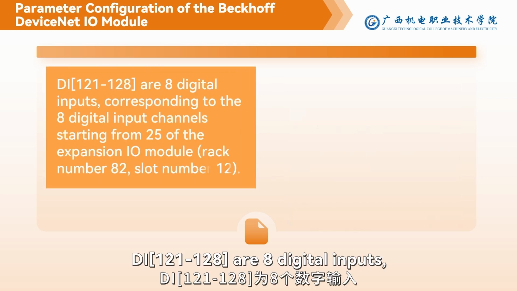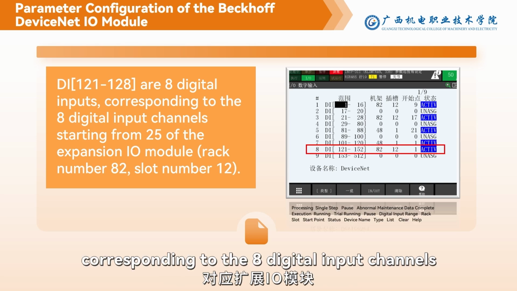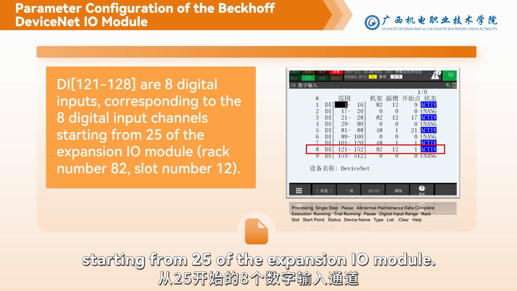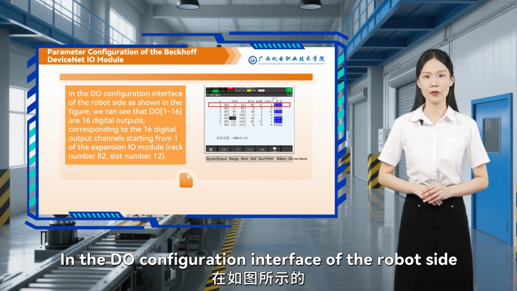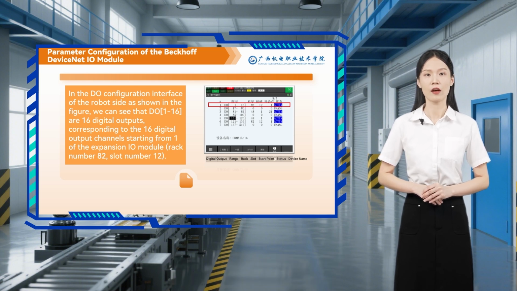DI 121 to 128 are 8 digital inputs corresponding to the 8 digital input channels starting from 25 of the expansion I/O model.